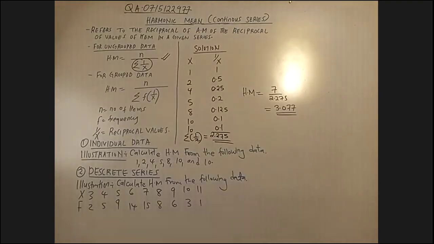Now find HM from that data. That is a good example of discrete data.